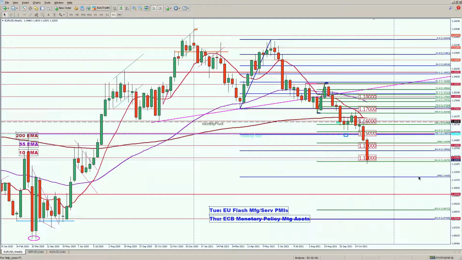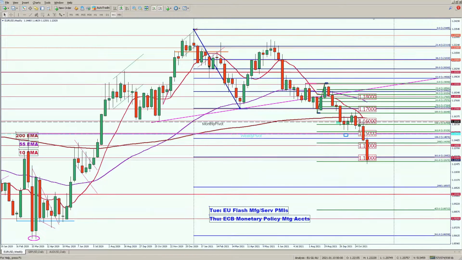That's at the 111.42 area. Let's see, we move this here for continuation move. The 200 fib is at the 111.60 area.